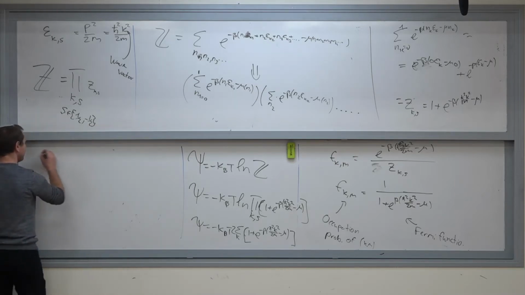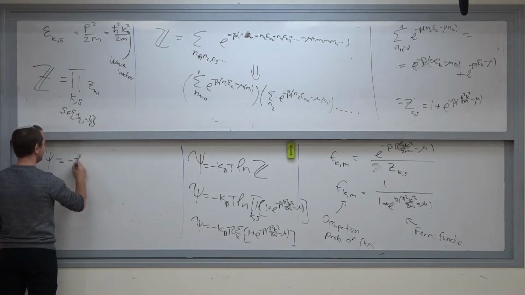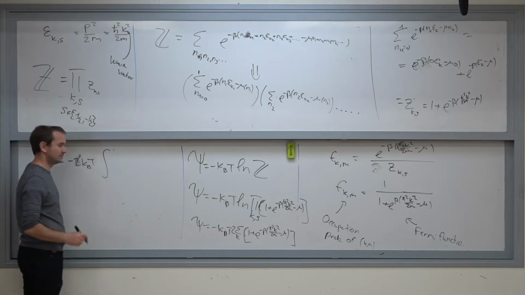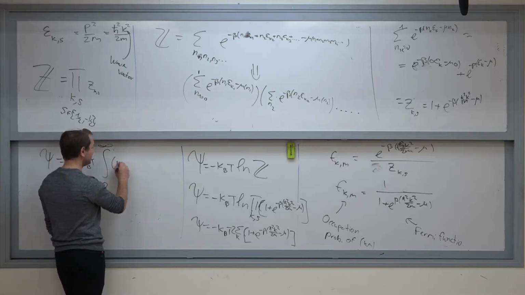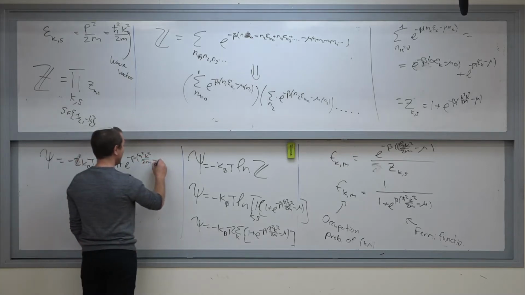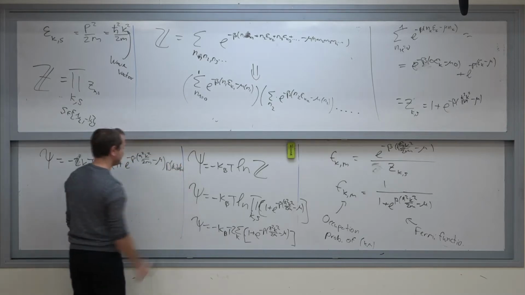So psi would be equal to minus 2 k Boltzmann T, an integral, k goes from 0 to infinity, of the log of 1 plus e to the power minus beta, h bar squared k squared divided by 2m minus mu, d prime omega d omega.